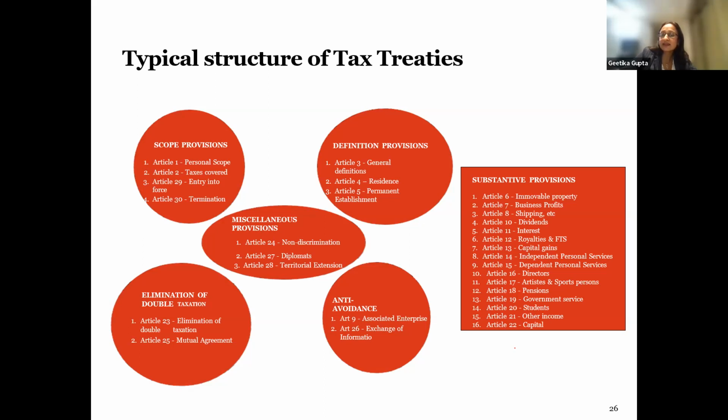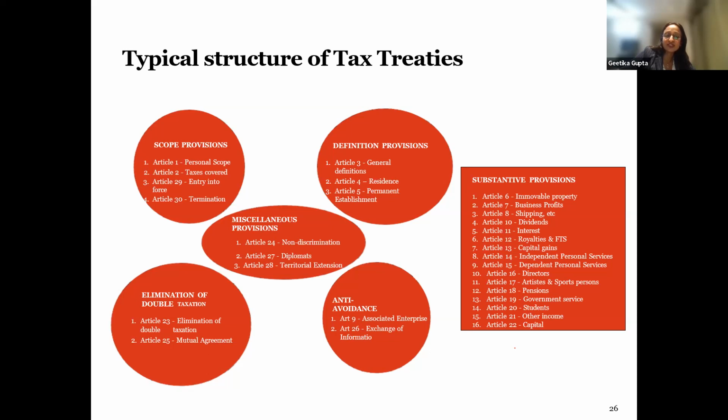Then there are substantive provisions which deal at length with the various types of income, like Article 6 about immovable property, 7 on business profits, Article 8 shipping, 10 dividends, 11 interest, and so on and so forth, royalties, capital gains, independent personal services, dependent personal services, etc. Then there are certain anti-avoidance rules like Article 9, which talks about associated enterprises, and Article 26, which talks about exchange of information.